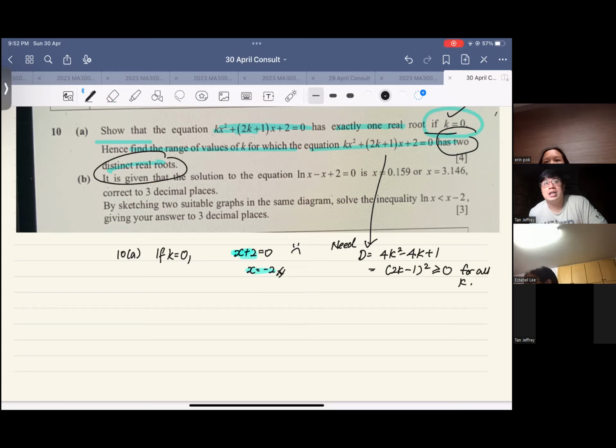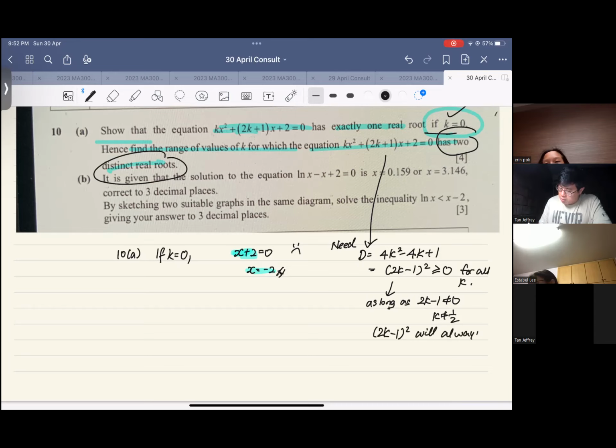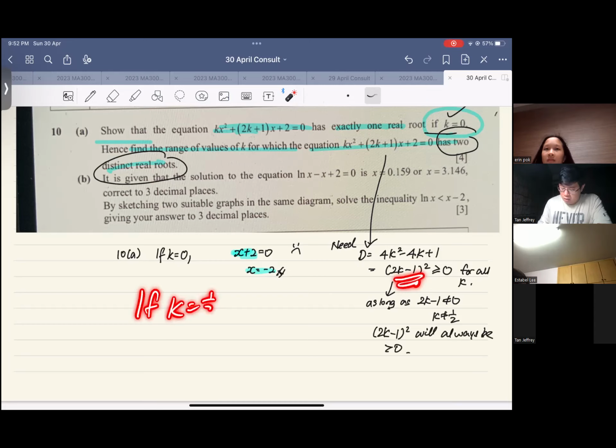The only thing you have to take note of is, as long as 2k minus 1 is not equal to 0, meaning k does not equal half, then 2k minus 1 squared will always be more than 0. Because if k equals half, then this is going to be 0. So if k equals half, your discriminant equals 0.